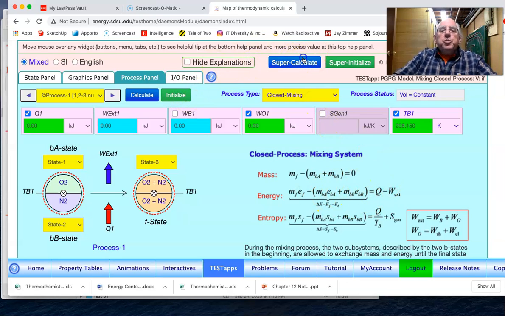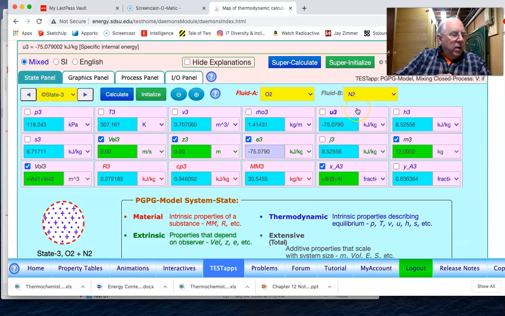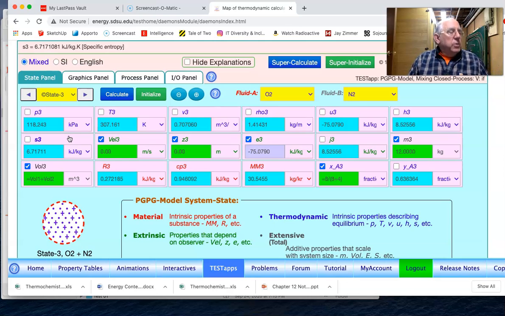If we do a supercalculate, we can go back to our state panel, and it will solve for the temperature through that energy equation. Knowing the temperature and the volume, it can then calculate the final pressure for this mixture.